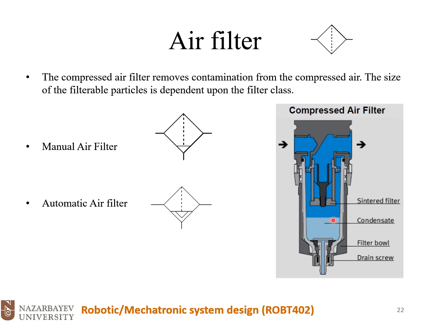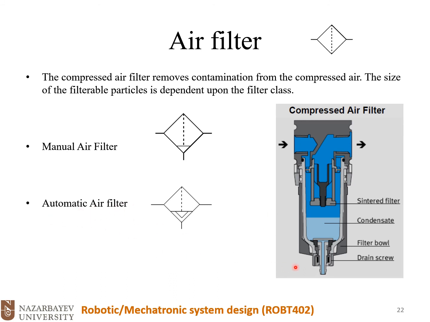Because of the Venturi effect, and because of some changes in the pressure here, some part of the humidity will be removed from the air, and we have condensate here, and that part could be drained by this drain screw. Plus we have a filter.